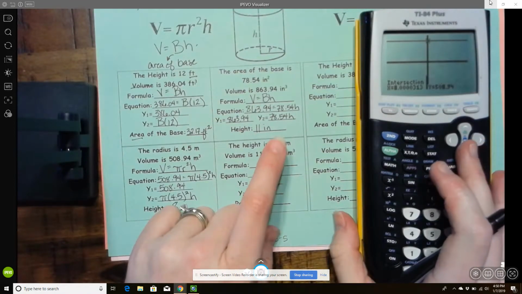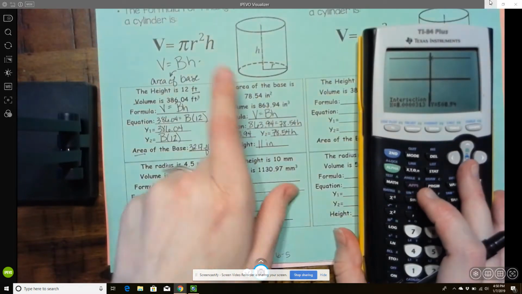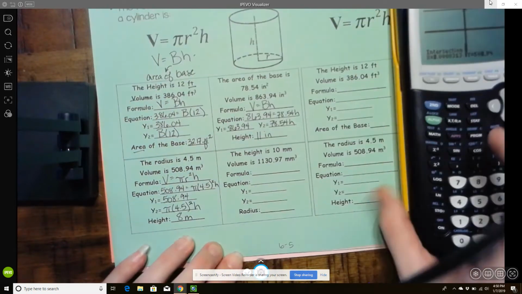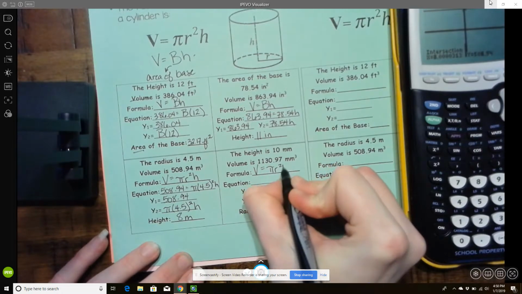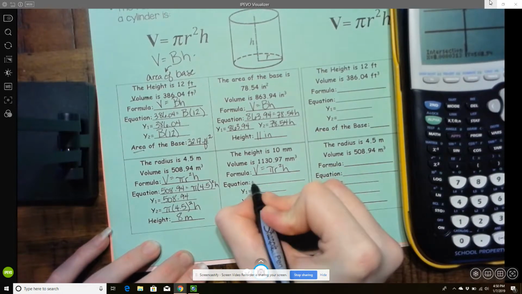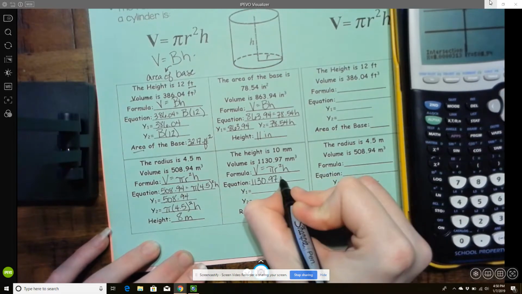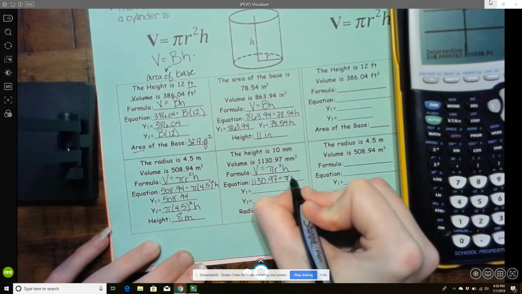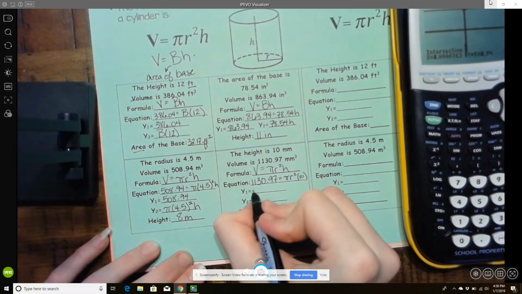And then my final one here, I've got the height, I've got the volume, I'm looking for the radius. So again, I want this formula. So volume equals pi r squared h. So my equation, the volume is 1,130.97. I don't know the radius, but I do know the height.